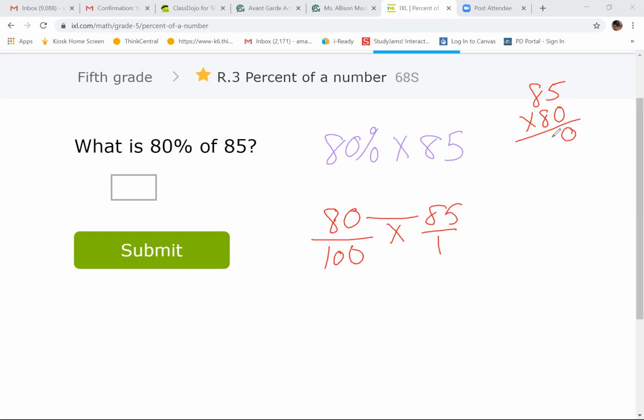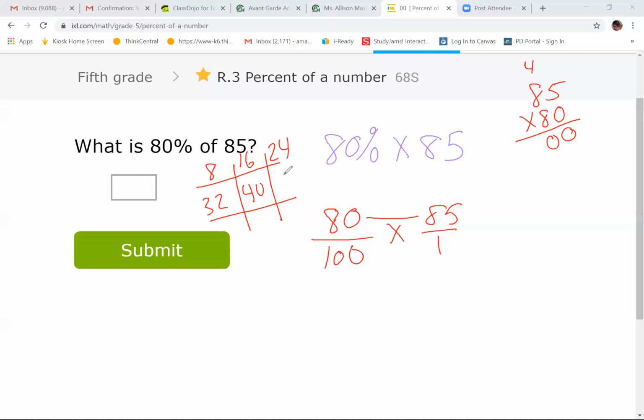Now 8 times 5 is 40, and regroup. 8 times 8. What if I forgot 8 times 8? I could use that hashtag helper, right? Let's say I didn't remember that 8 times 8 is... I almost gave you the answer. But you know what I do know? 8 plus 8 is 16. And 16 plus 8 is 24. And 24 plus 8 is 32. And 32 plus 8 is 40.